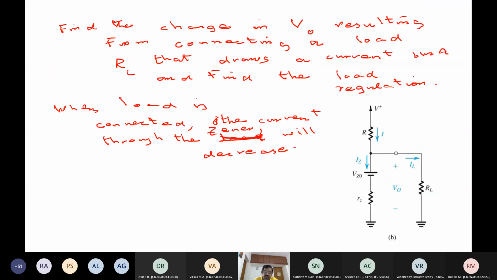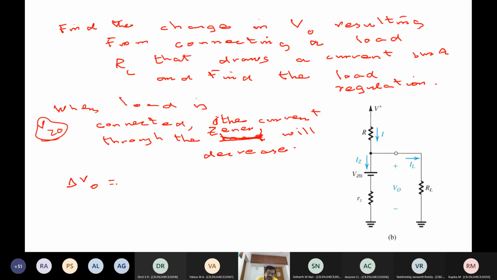The question asked is very simple: change in V naught. So we need only to find delta V naught, and the VZ naught is not changed, so we do not need to worry about VZ naught.